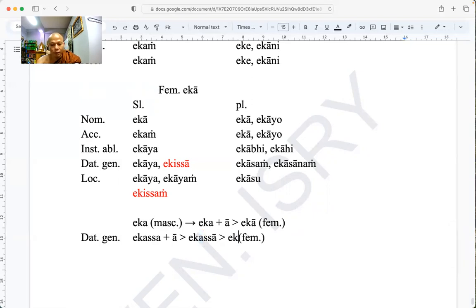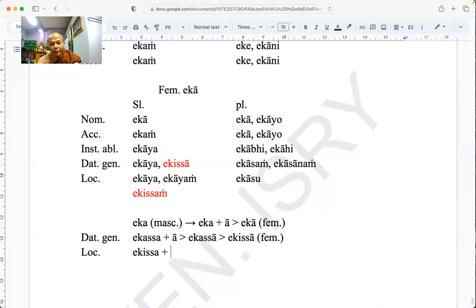That is why we have ekesa in this way. Then from ekesa, we take the ekesa stem, and for the locative case the singular sign is m.